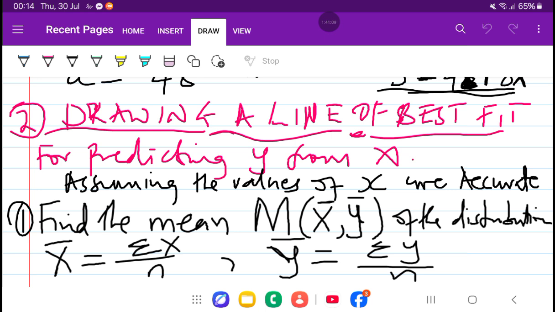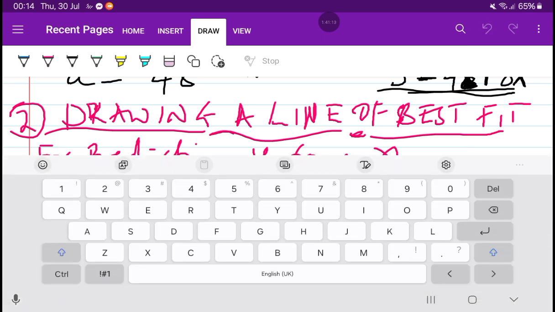You make sure that you first plot all the values that have been given to you. You use those values, the pairs, X and then the Y. You plot them the way they have been given to you. Then these steps come when you have already done the plotting.